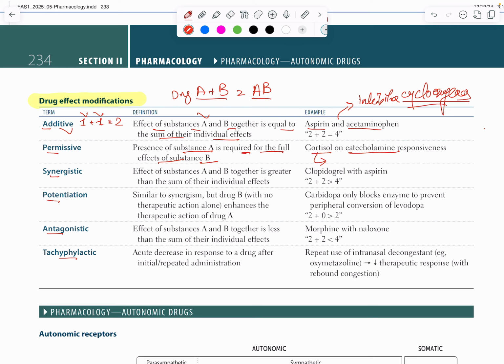These receptors cause contraction of smooth muscles with the help of catecholamines. When cortisol upregulates alpha-1 receptors, after upregulation, the catecholamines come and act on the alpha-1 receptors.